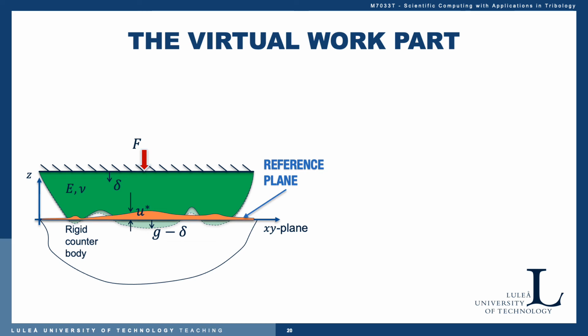The virtual work is the energy required to impose a displacement on the boundary of the deformable body that renders exactly the deformed body that resulted, as we saw when we applied the force W, which we did before. So let us denote this imposed displacement by u star, and it is of course a function of x here.